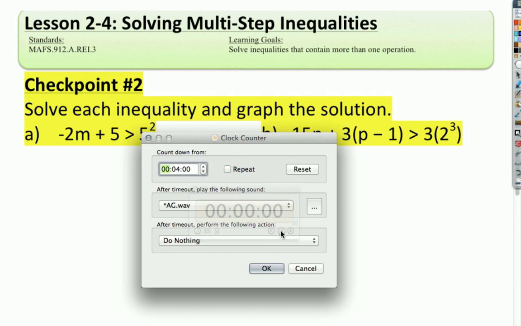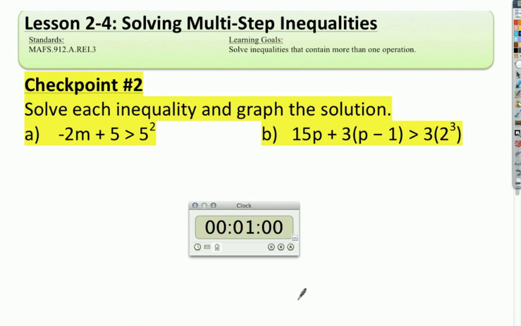All right, you've got 1 minute to compare answers with your teammates. Team talk.